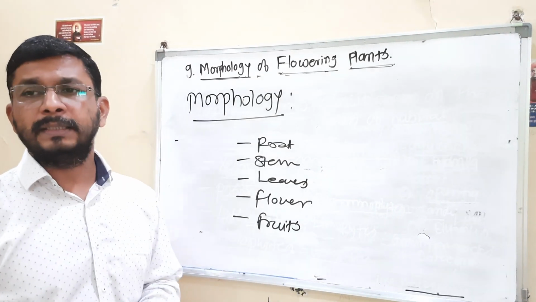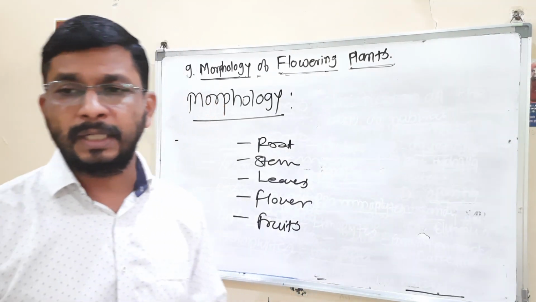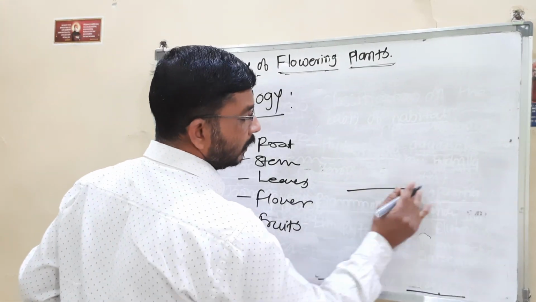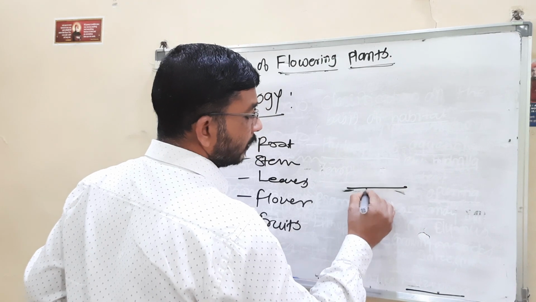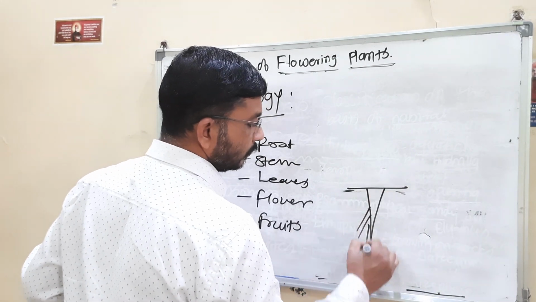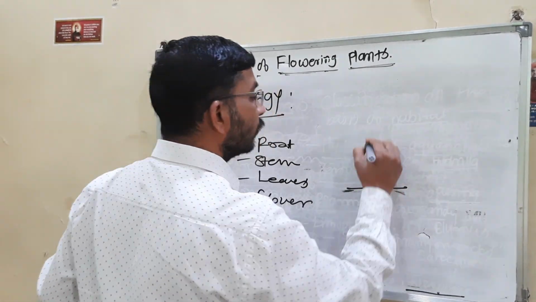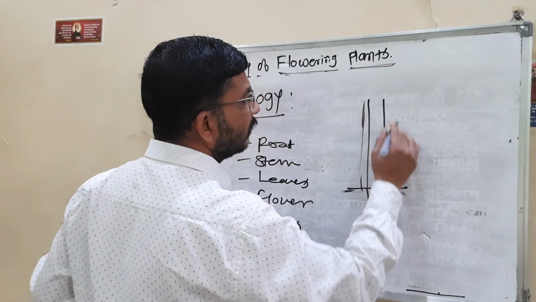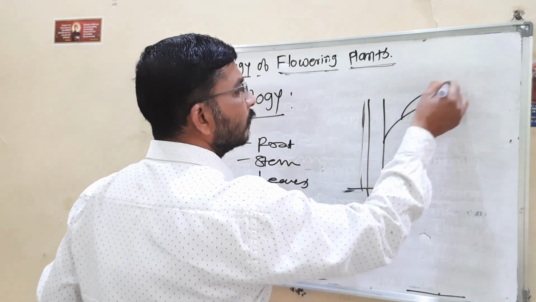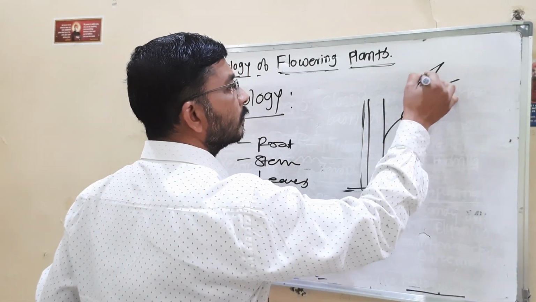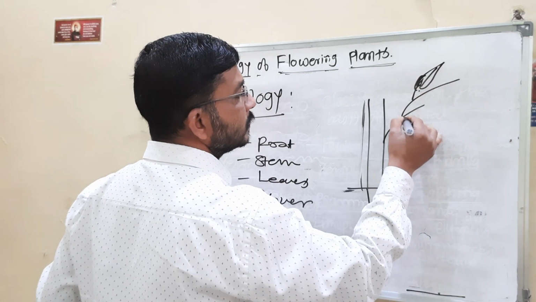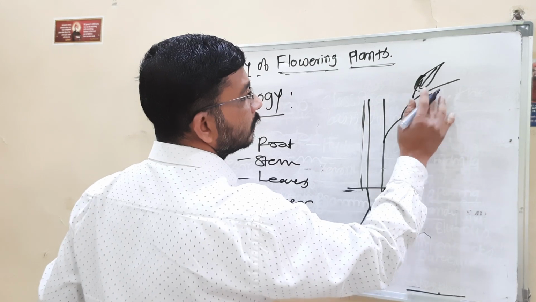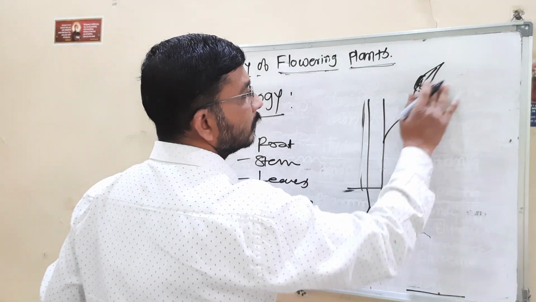For their structure we need a diagram, which is inside your book. This is the typical structure of a plant. Leaves, then we find flowers here.